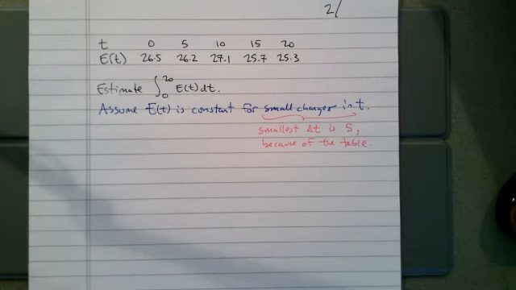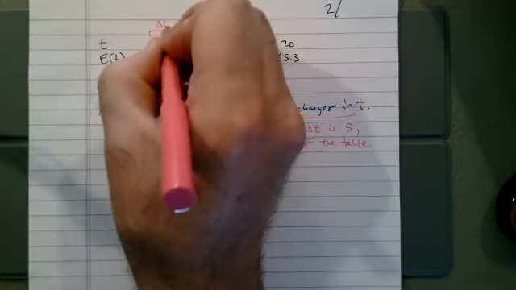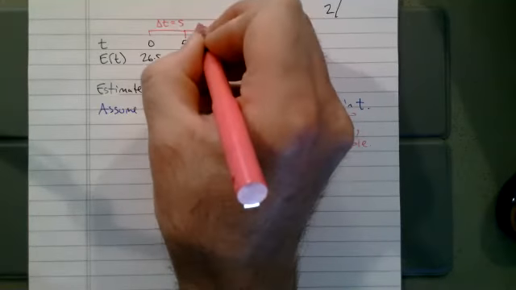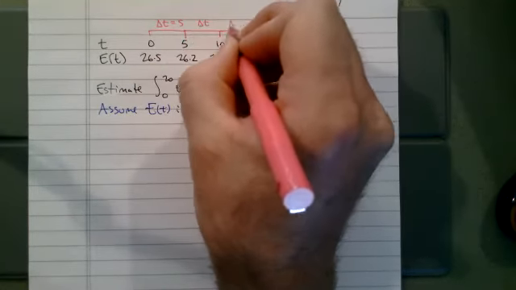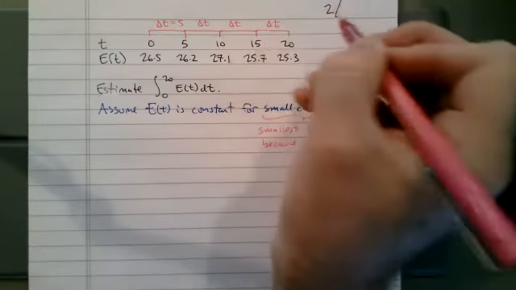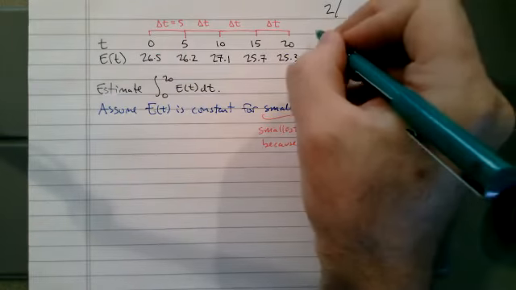So here are all the rectangles that we're going to use. There's a delta t of 5. Here's another delta t of 5. A third delta t of 5. And there's our fourth delta t of 5. So we are doing this with n equals 4 rectangles.